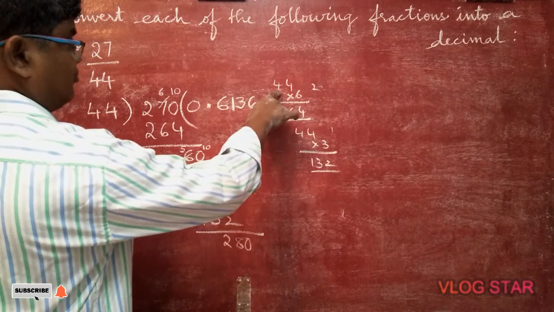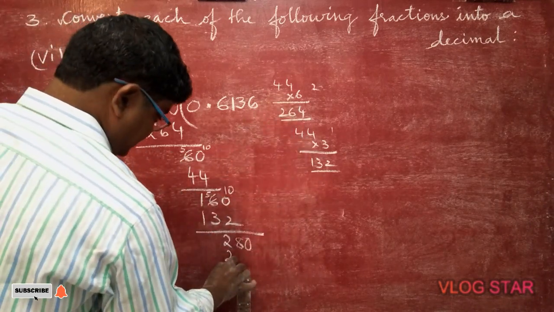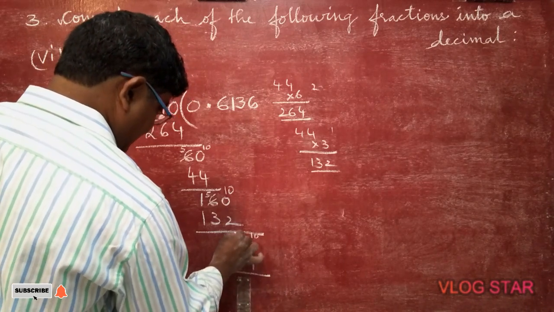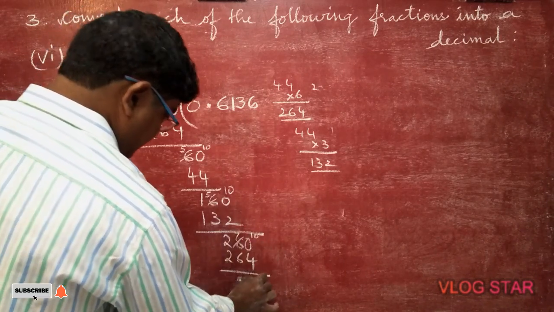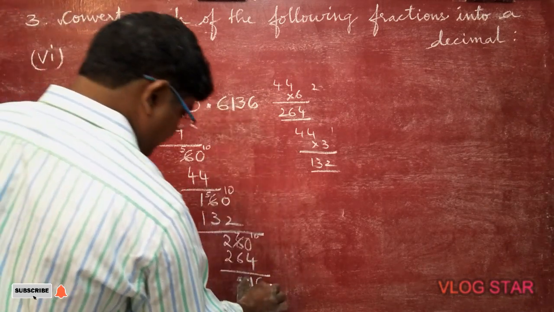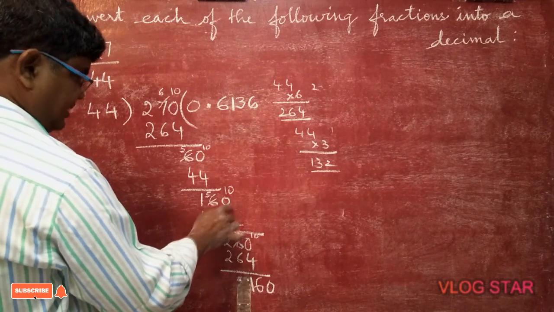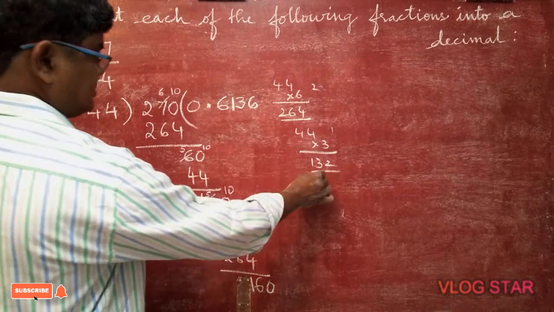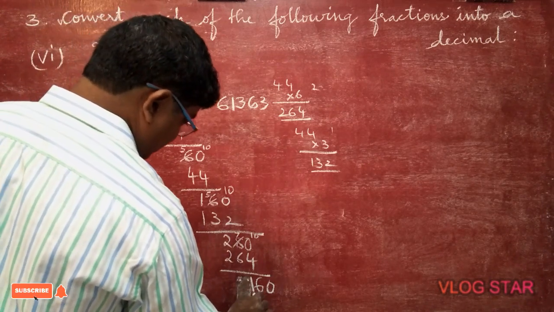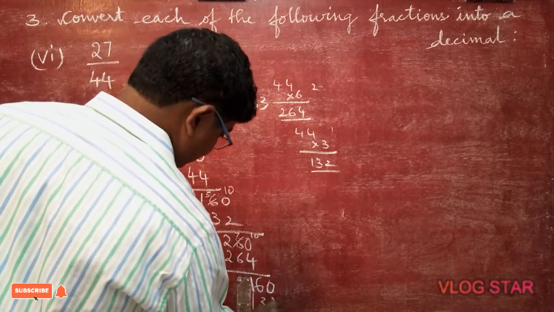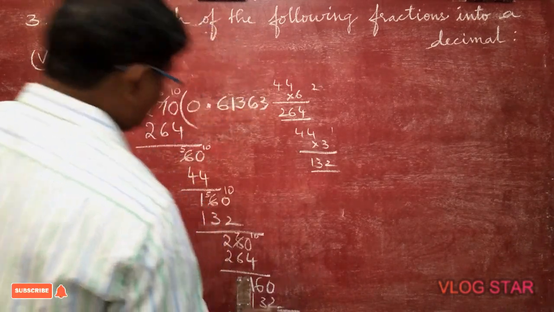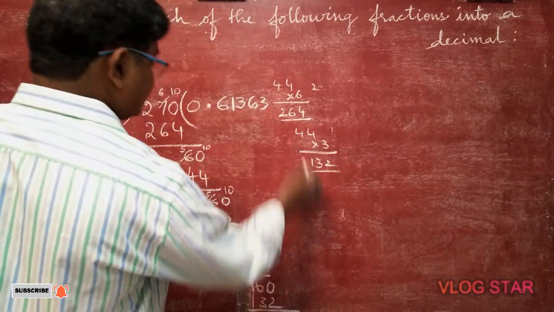Already here it is there. 44 6s are 264. And the remainder here is 10. Here 7. 6, 7. Here 1. Decimal is there, 0. Here 160. Again repeating. 3 times. So, how much did you get? 132. Remainder 28. So, again 0, 6 times it goes.